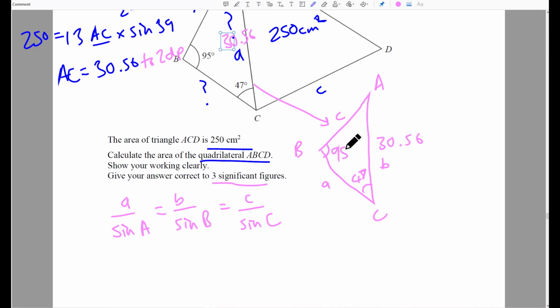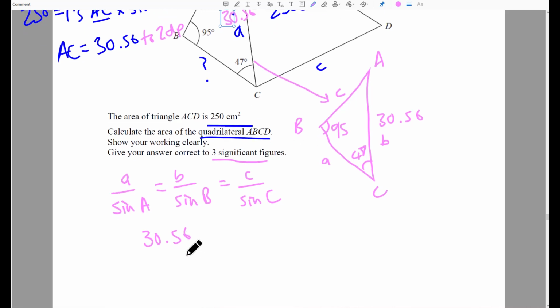Okay, so we've got this. We're going to use this as B's now. So we've got 30.56 over sine 95 equals, so we do need another length. So arguably you can use any length. This is a triangle, so we can find the missing angle here.